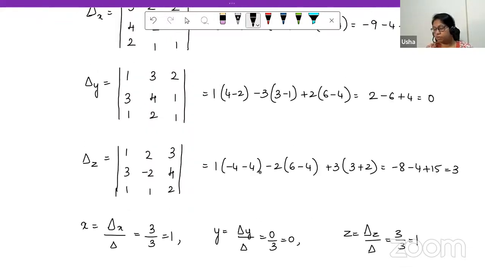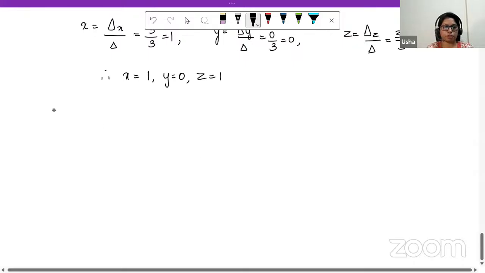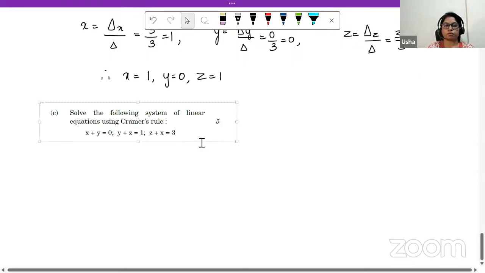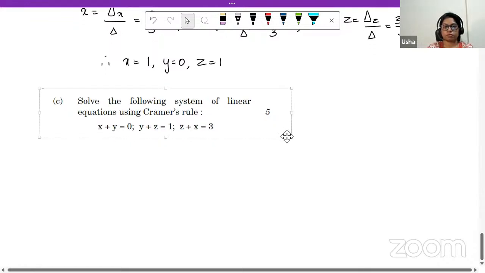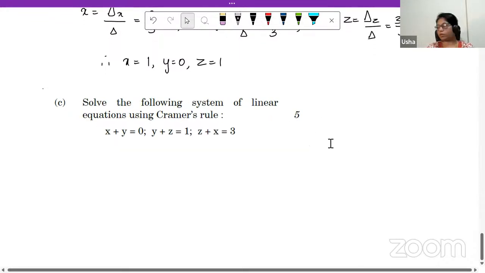Is everybody clear with the solution, with the procedure? Yes or no?